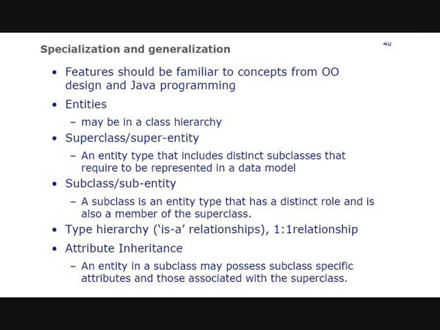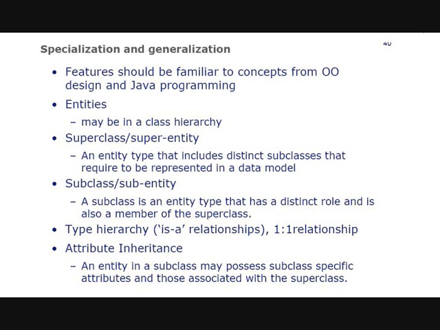The idea here is that entities might be in a hierarchy. So we have super entities and sub-entities, superclasses and subclasses, whatever you want to call them. And the idea of a superclass or super entity is that you have an entity that includes distinct subclasses that we need to represent in the data model.